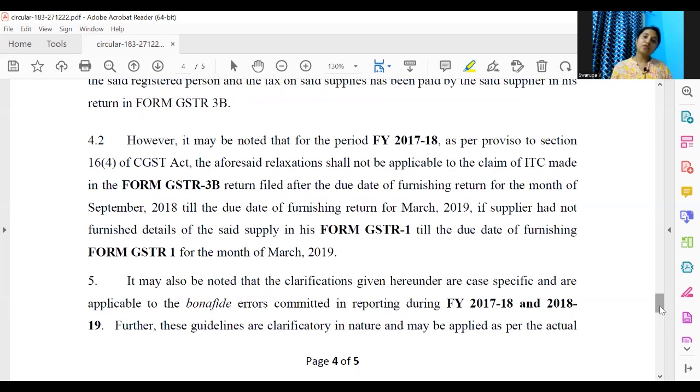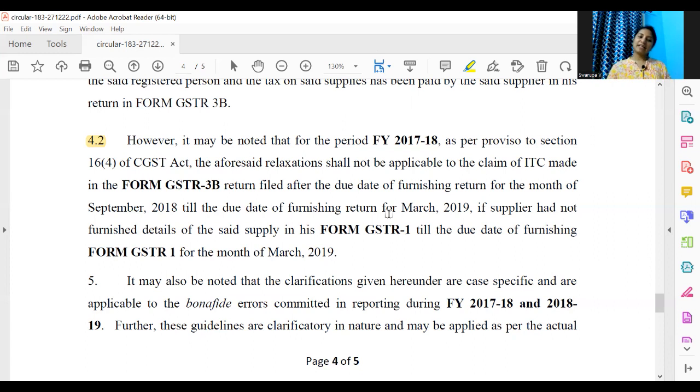This is applicable for all the litigations and pending proceedings pertaining to financial years 2017-18 and 18-19. It is not applicable if a proceeding has been completed. So we cannot reopen any completed proceedings, but if there is any proceeding that is pending, or at the appeal or litigation stage also, this particular circular is applicable.